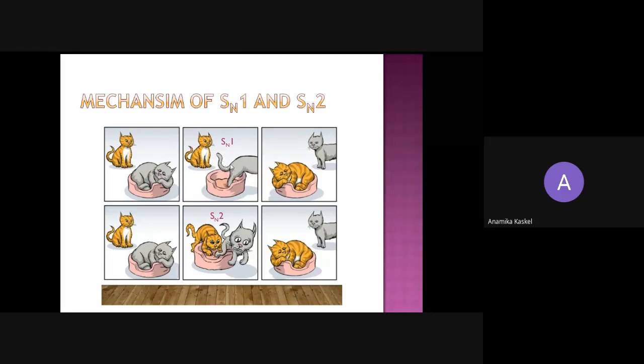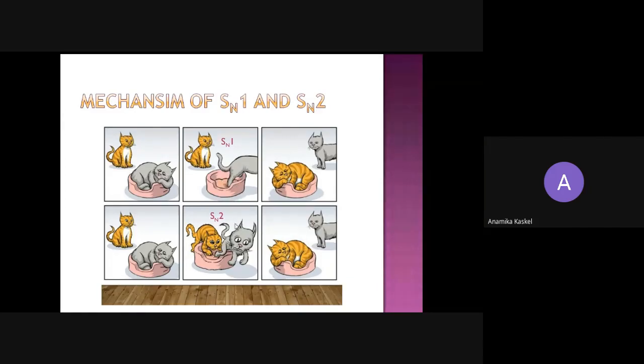First of all, the gray cat should be removed and then the yellow cat will take its position. But if you consider the Sn2 pathway, you observe that the yellow cat and the ash gray cat are both sharing the same bed. This is called Sn2, that means it is the transition state pathway. And this is Sn1, the carbocation pathway. This is the basic difference.